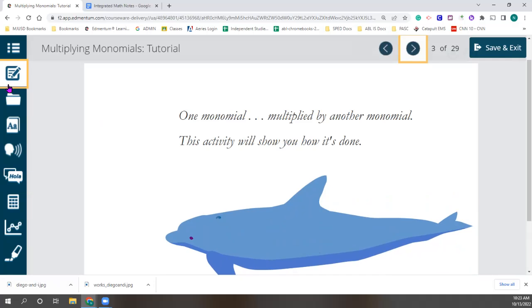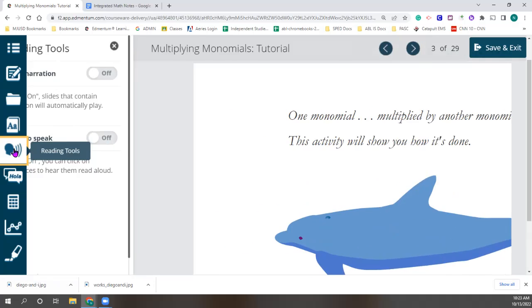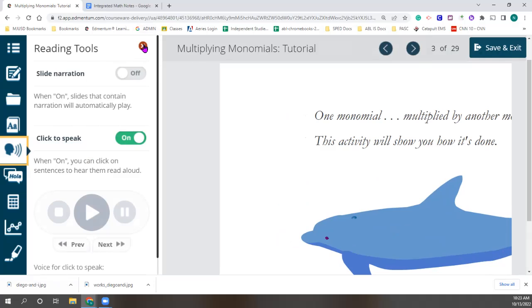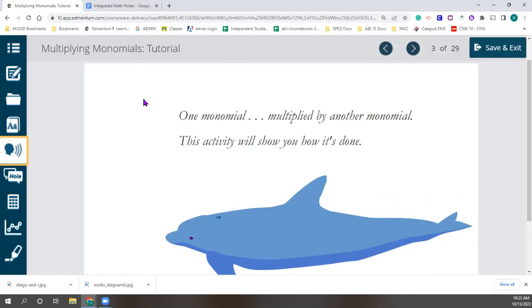I'm going to try to use the text to speech with the click to speak because I love the way it highlights. However, some of these math lessons do not read the text on the screen because it's like an image. So I have to read it. Bear with me. One monomial multiplied by another monomial.